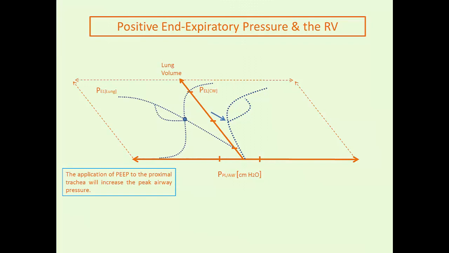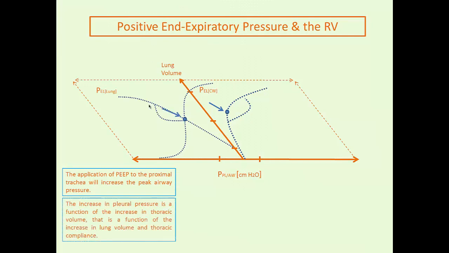So let's go through this graph again. Repetition is good. Again, this is your airway pressure or pleural pressure, depending on which graph we're looking at. This is the elastance curve of the lung and chest wall together. This graphs out the airway pressure that you would measure at the proximal trachea on the ventilator. If you were to apply PEEP, the airway pressure would go up to a small degree depending upon the compliance of the lung and chest wall.